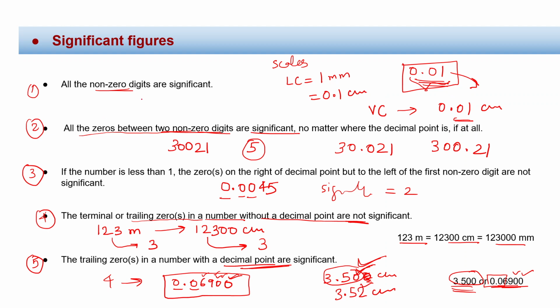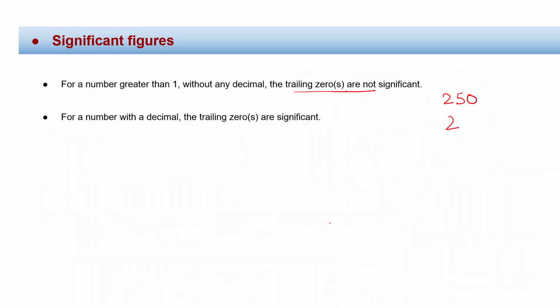It got repeated, but it's the same rule: if a number is more than 1 and there is no decimal point, then trailing zeros are not significant. The reason behind this is that we can express it in scientific notation like this. So that's why we consider that this number has only 2 significant digits.